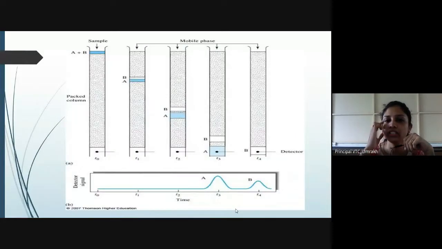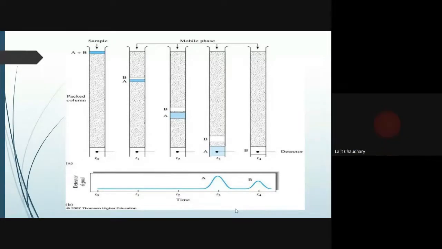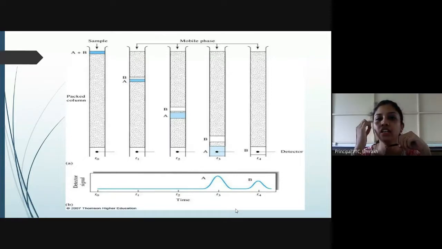Likewise, in this figure, is the figure visible? Yes, ma'am. Okay. As you can see in this figure, a column is shown here, and we are introducing a sample mixture having two components, A plus B, in a packed column.